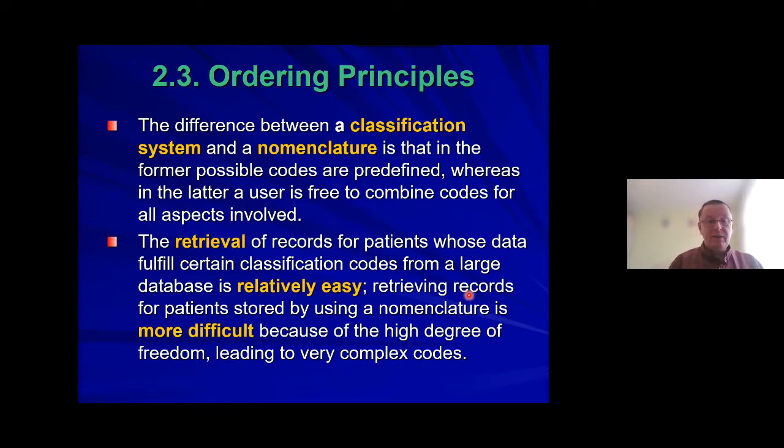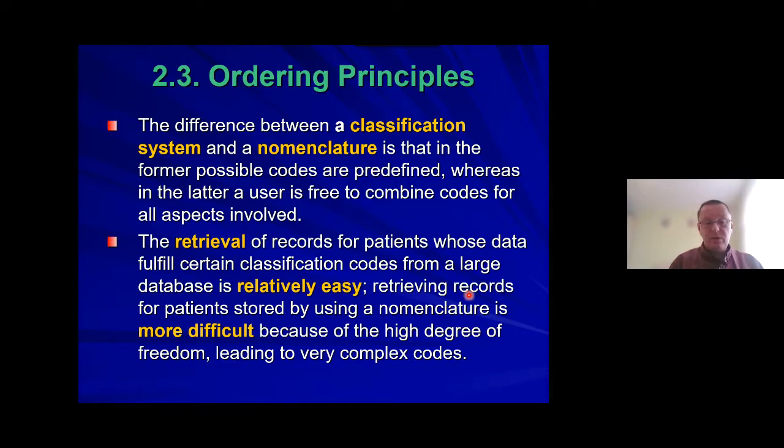Whereas in a nomenclature, you are free to combine codes from the aspects involved. In a classification system, we can put several codes in a row, but we are not free in this; we need to use specific rules. In a nomenclature, we are almost every time absolutely free to put multiple codes in a row, which is probably useful, but not in all cases, and it is a problem of nomenclature in general.